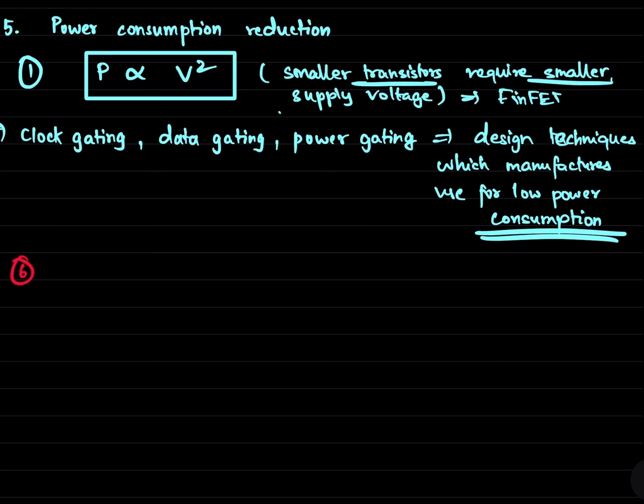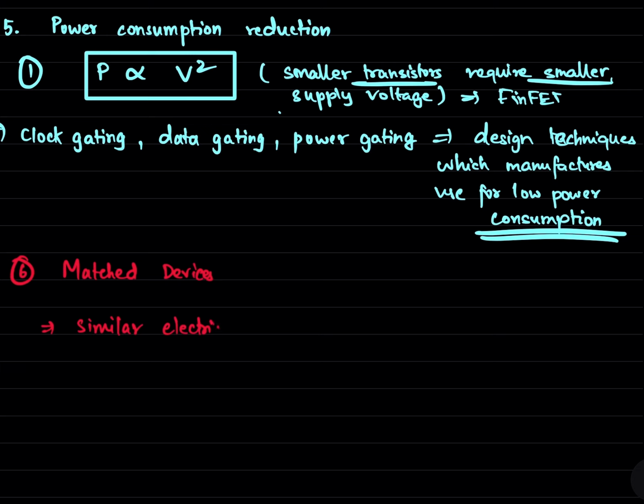So the next important advantage is matched devices. What are matched devices? A lot of ICs are manufactured on a single wafer, and hence all of them have similar electrical functions.